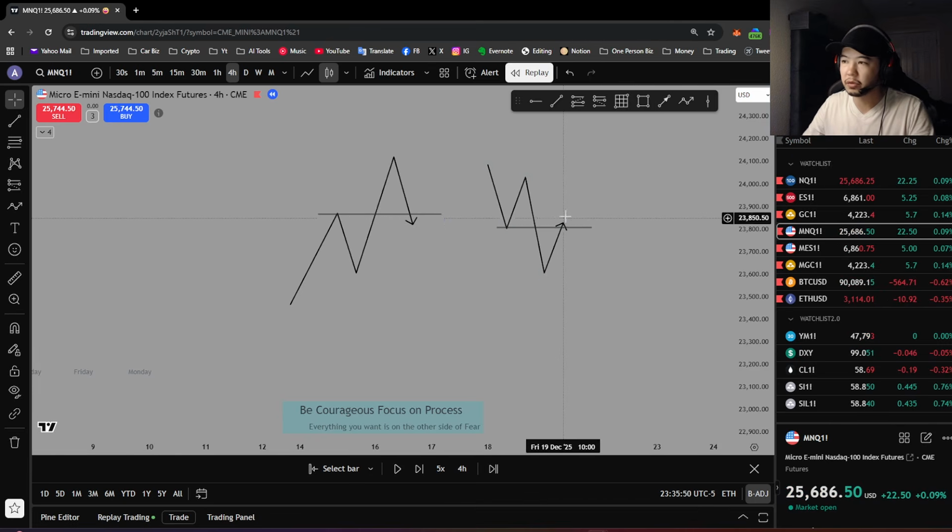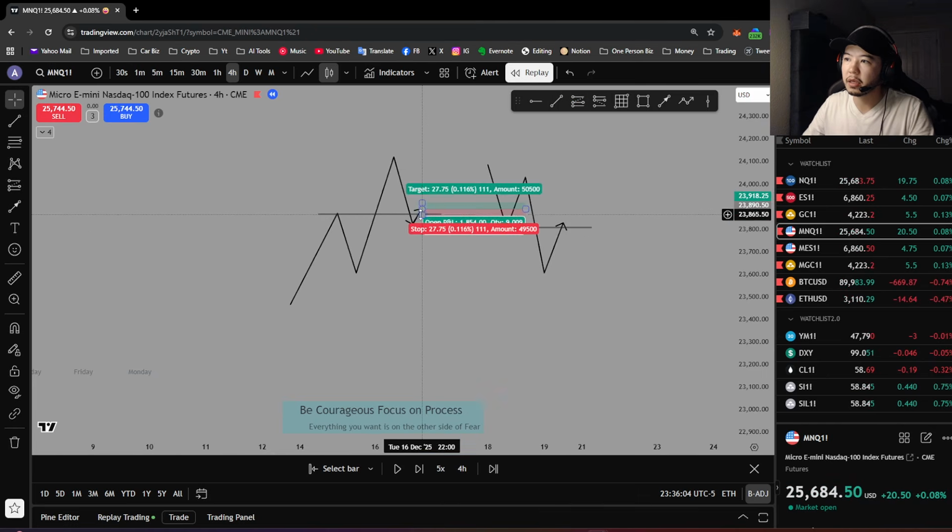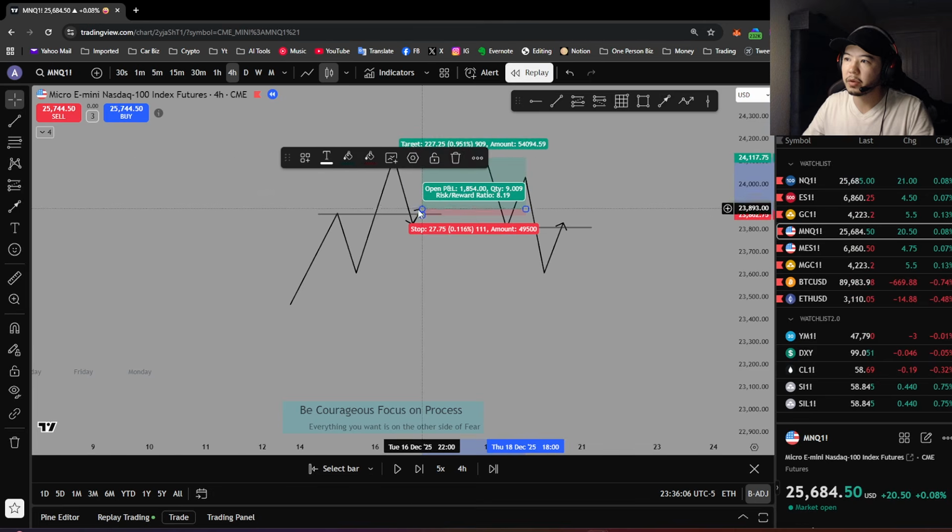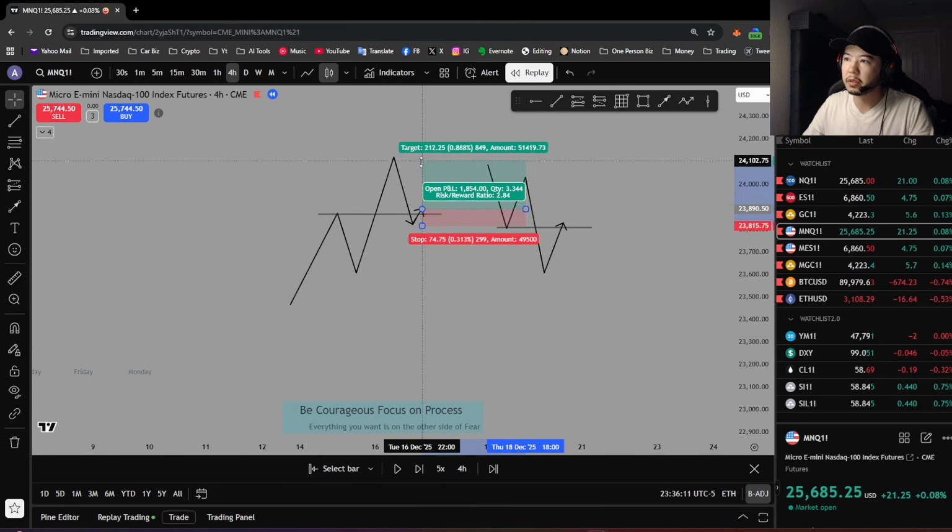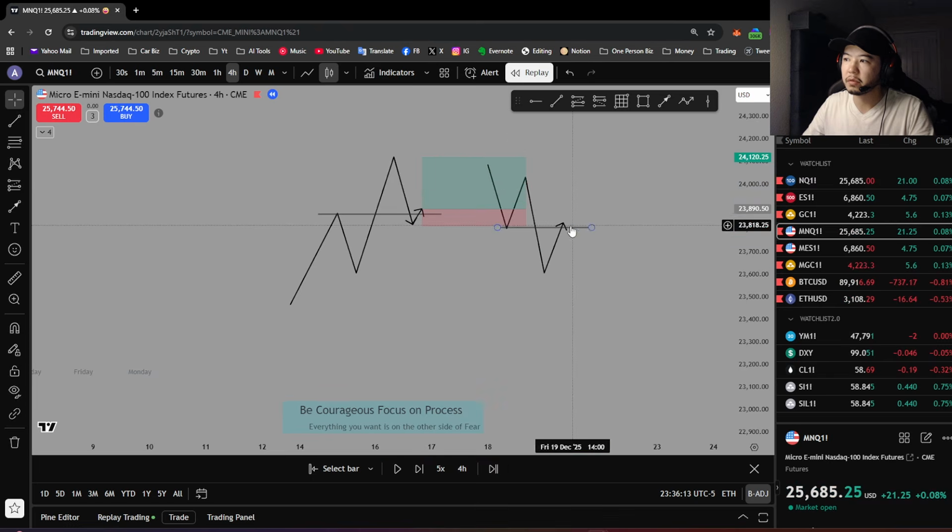We do not take that trade. We take the trade whenever we see the price reject this level and close back above this line, and we buy. Stop loss goes here. Sorry, stop loss goes here. Take profit goes somewhere around here.